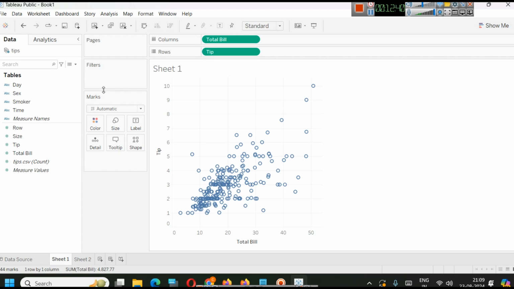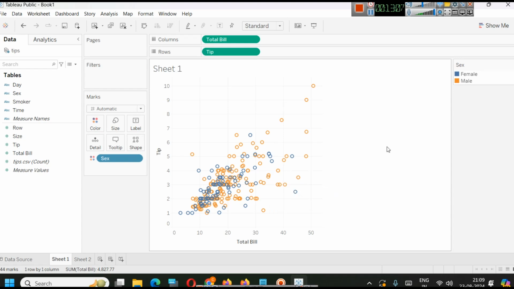Here we have total bill and tip, and suppose you want to analyze where males and females are located in this graph. So you can drag gender into color. Here orange represents male and blue represents female.